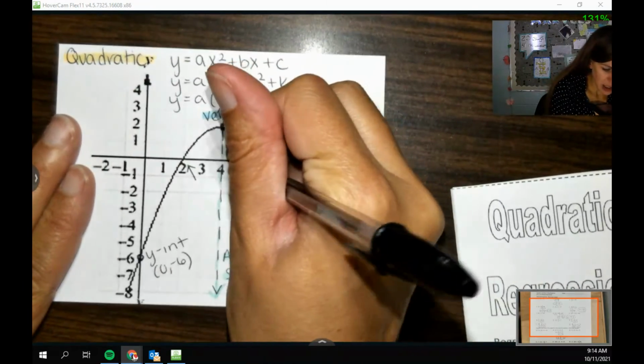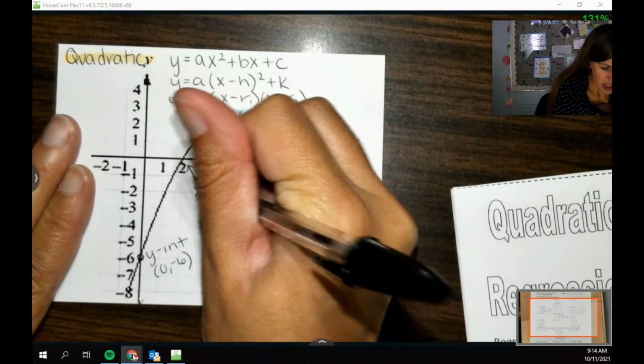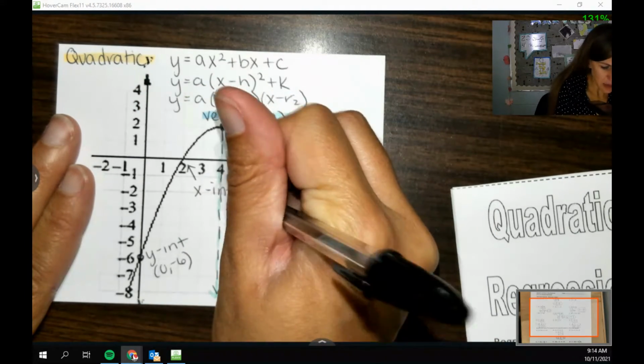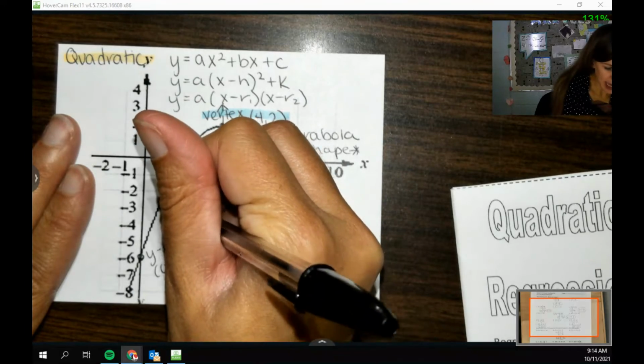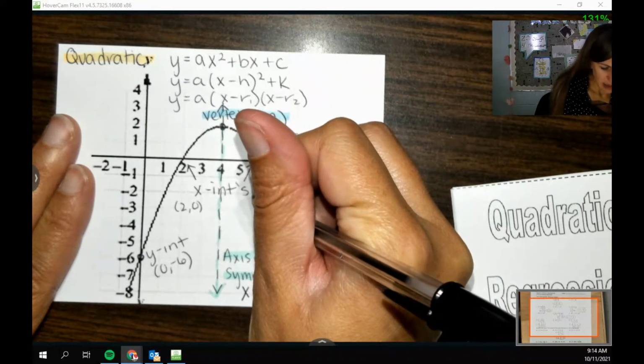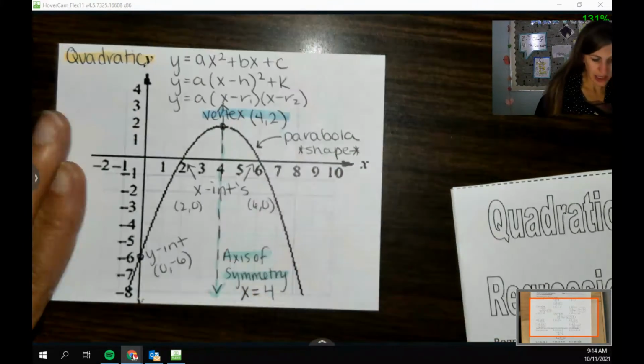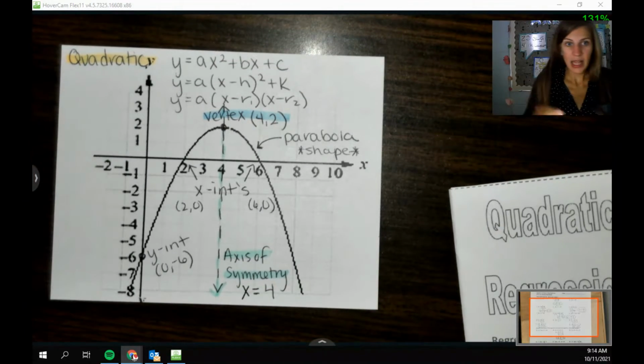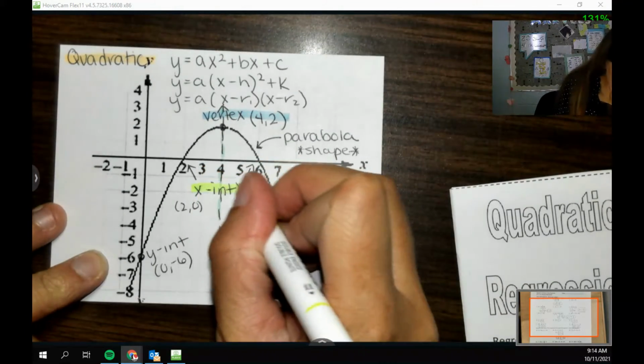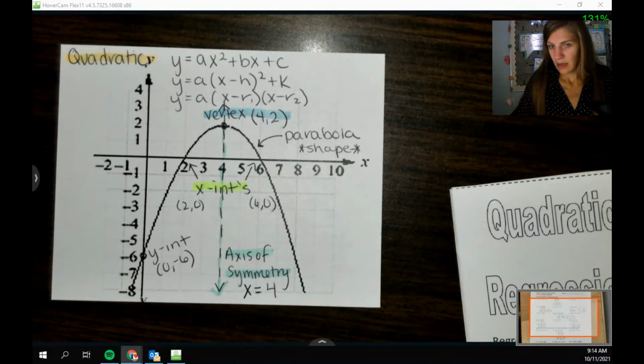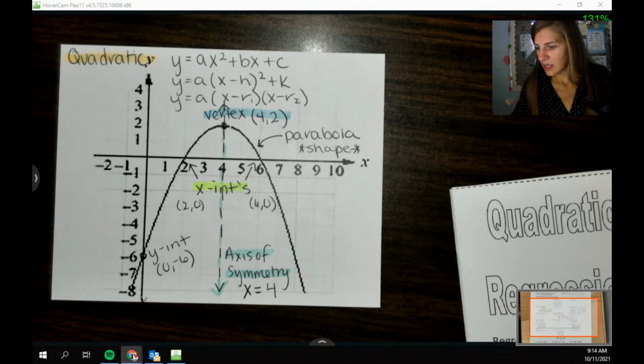So very similar to y-intercept, we're just intersecting the x-axis instead. So x-intercepts. This one happens to be at (2, 0), and the other one happens to be at (6, 0). So kind of I'm going to get some highlighter stuff in here. We have our x-intercepts. We have our y-intercept.